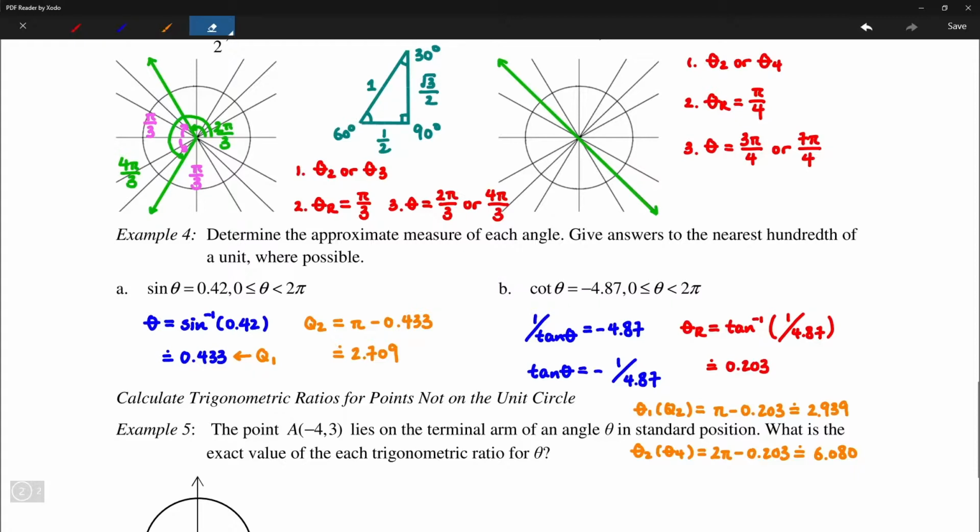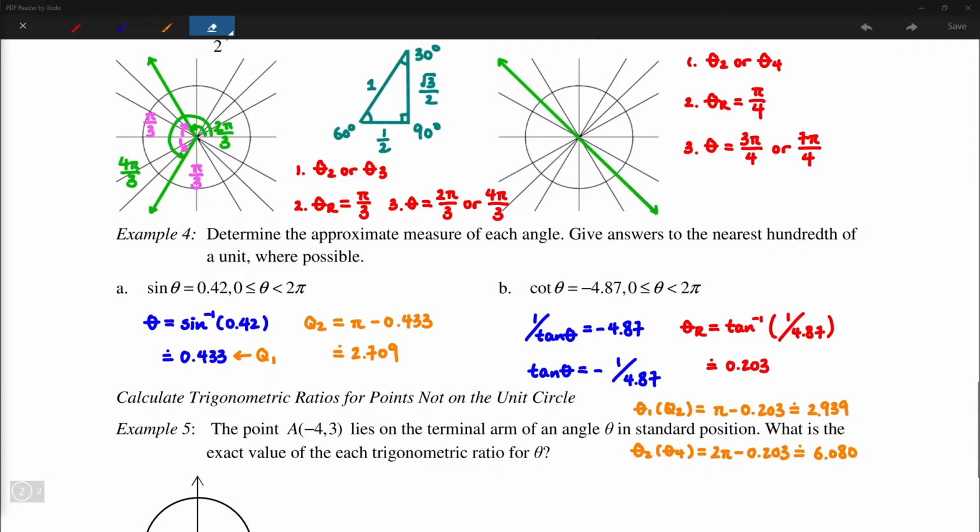If it's in quadrant 2, then we find the reference angle and then we subtract it from pi. If it is in quadrant 3, we find the reference angle and add pi. And finally, if it's in quadrant 4, we find the reference angle and then 2 pi minus that reference angle to get the angle that we need.